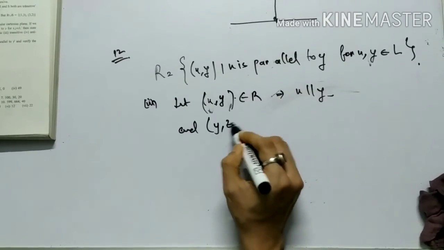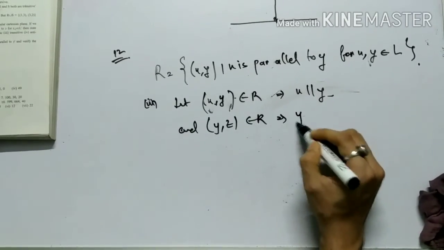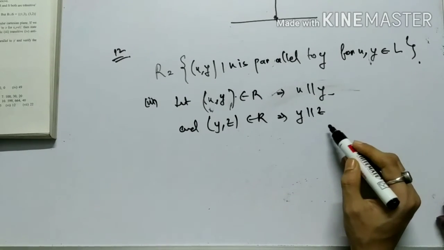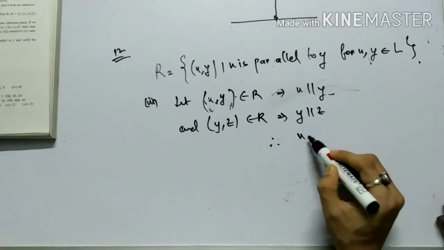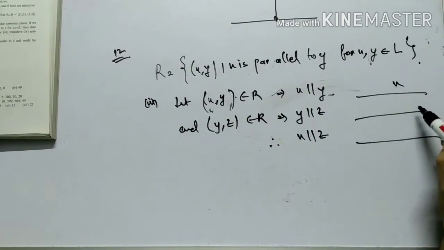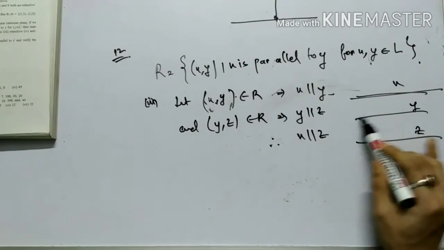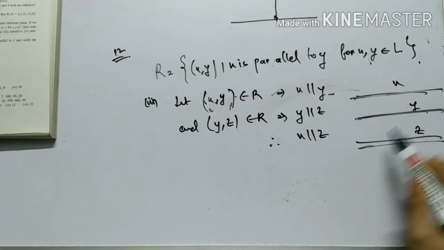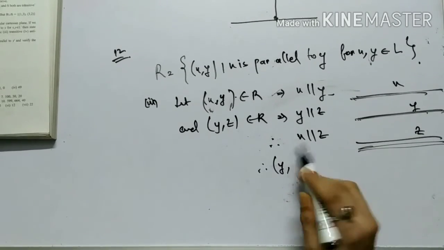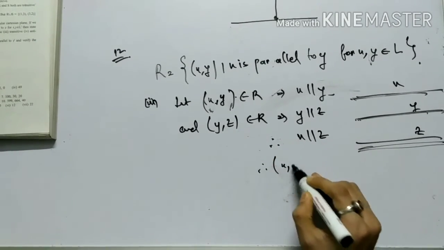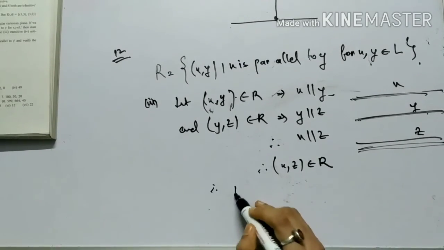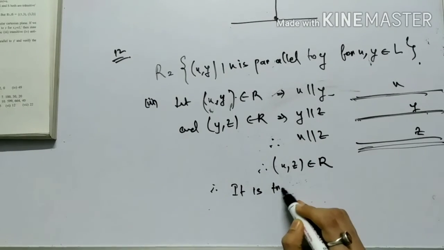And yz belongs to R. That means y is parallel to z. Okay, so therefore x will be parallel to z also. If I take these three lines, this is x, this is y, this is z. X is parallel to y, y is parallel to z, and x will be parallel to z. So therefore I can say that xz belongs to R. Therefore it is transitive.